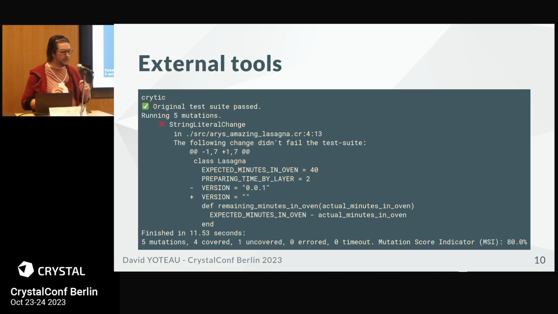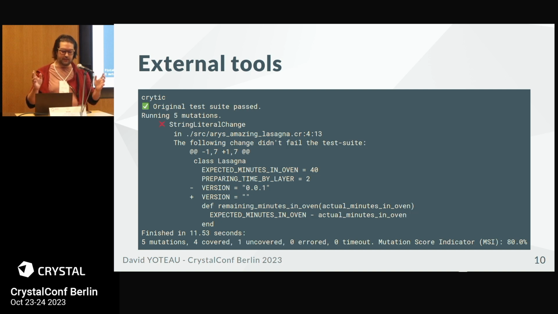It's a little example with a mutation where we have a version hard-coded in the code, and the test is for this constant. I strongly recommend using it when working on a small project, but not on a monolith. The execution time of mutation testing is very long.